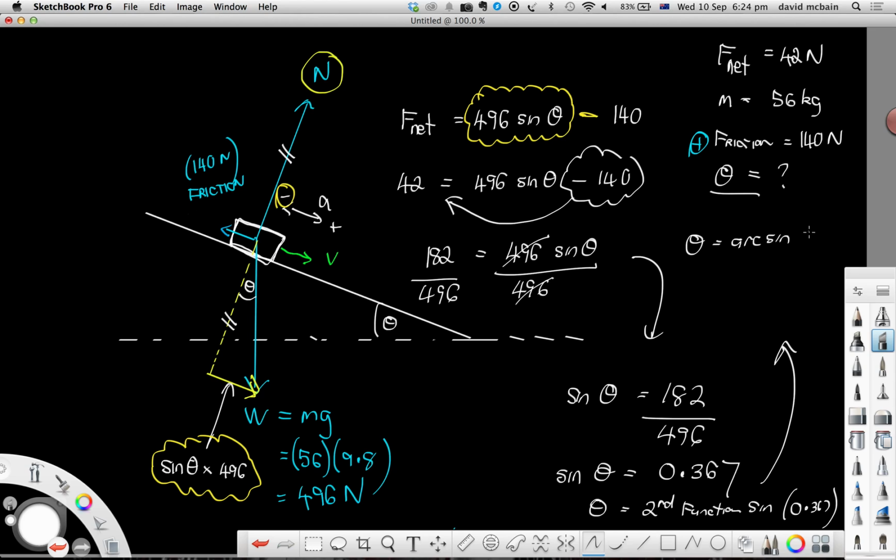Basically you type in 0.367 and press the inverse sine button, and that gives us an angle of 21.5 degrees. So theta equals 21.5 degrees, and that is the angle of the ramp.